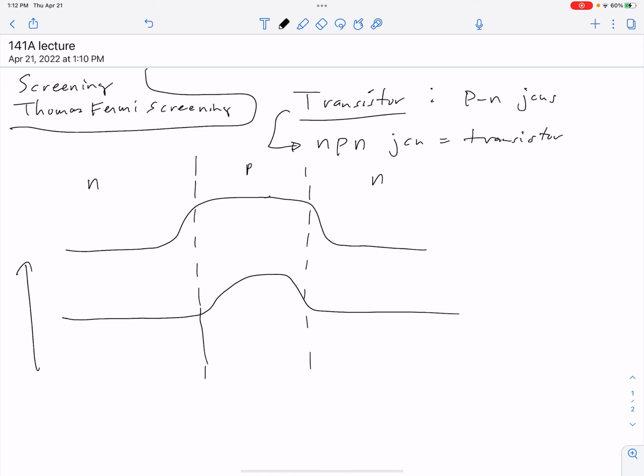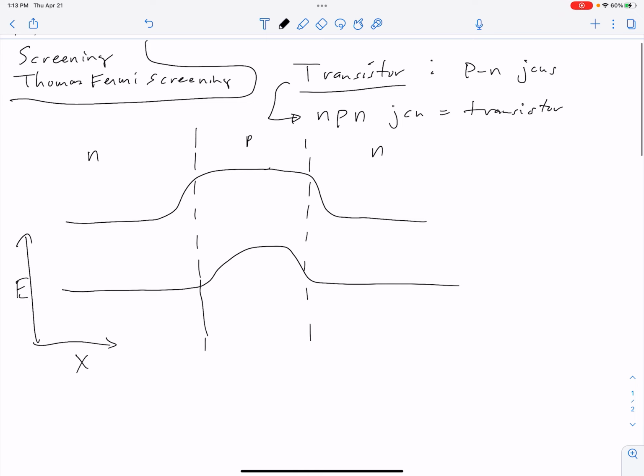This is energy, and this is X, position. If the left side is N-doped, then we have a bunch of electrons up in the conduction band, near the conduction band edge. In the p-doped region, we have a bunch of holes. And in this n-doped region, we have a bunch of electrons.